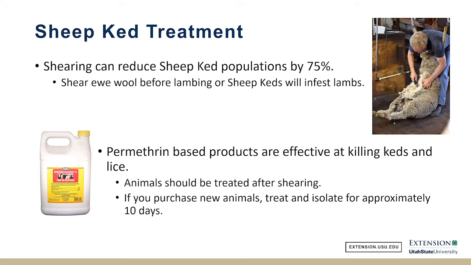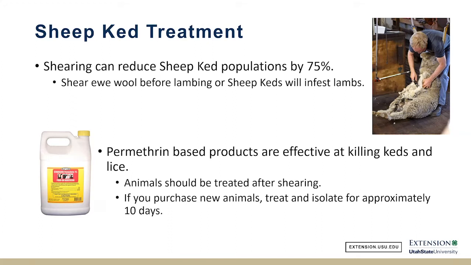Here's just an example of one I put on for a pour-on insecticide. But there are several on the market, and all are very effective with a permethrin base. So after shearing, make sure that you treat those animals with a pour-on, and then it'll be the most effective.